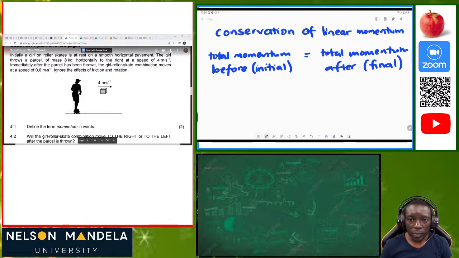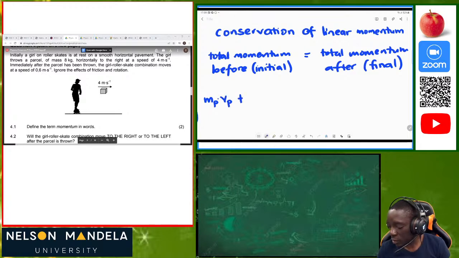Okay, so the initial momentum is the mass of the parcel times the velocity of the parcel plus the mass of the girl plus the mass of the roller skates times the velocity of the girl and roller skates. This should be equal to the mass of the parcel after it's thrown times the, okay, so I think we need the initial and the final there.